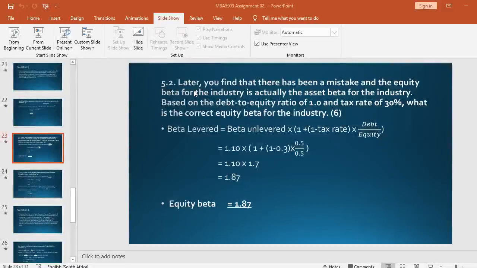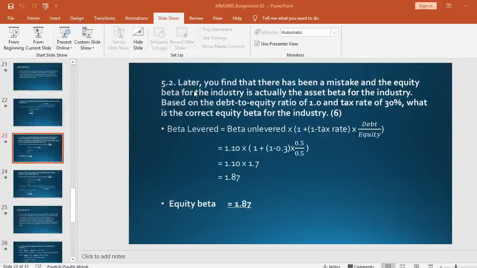That's where the issue is now. So based on a debt to equity ratio of 1.0 and tax rate of 30%, what is the correct equity beta for the industry?